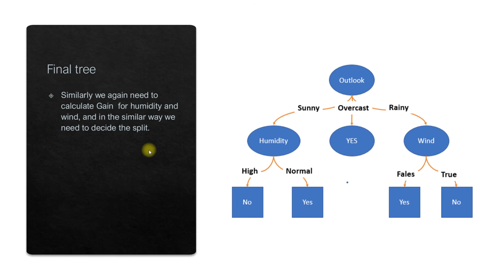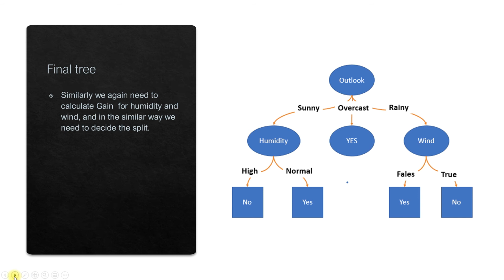As we saw, in the overall process of building decision trees, the important statistical technique is measure of impurity. We have three measures of impurity: entropy, Gini, and classification error. We used entropy and information gain, and with the help of these we were able to build a final decision tree with the given data set.